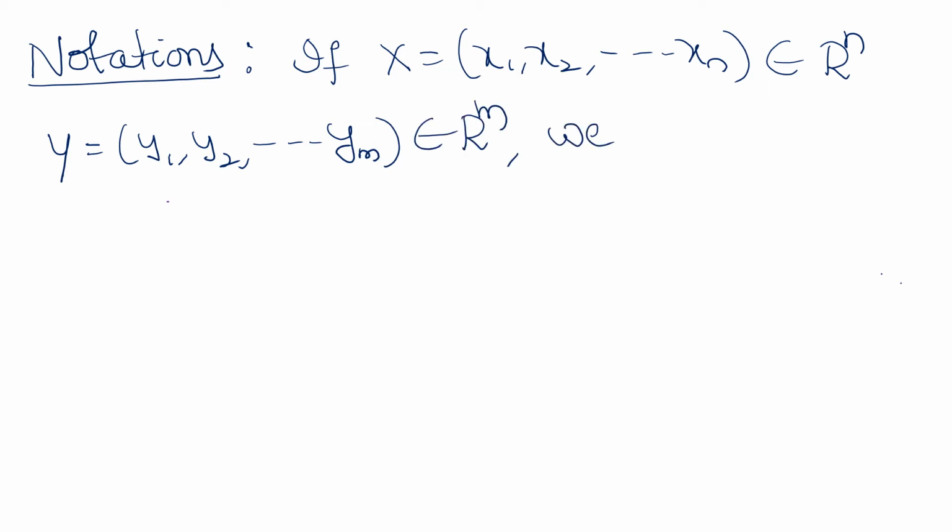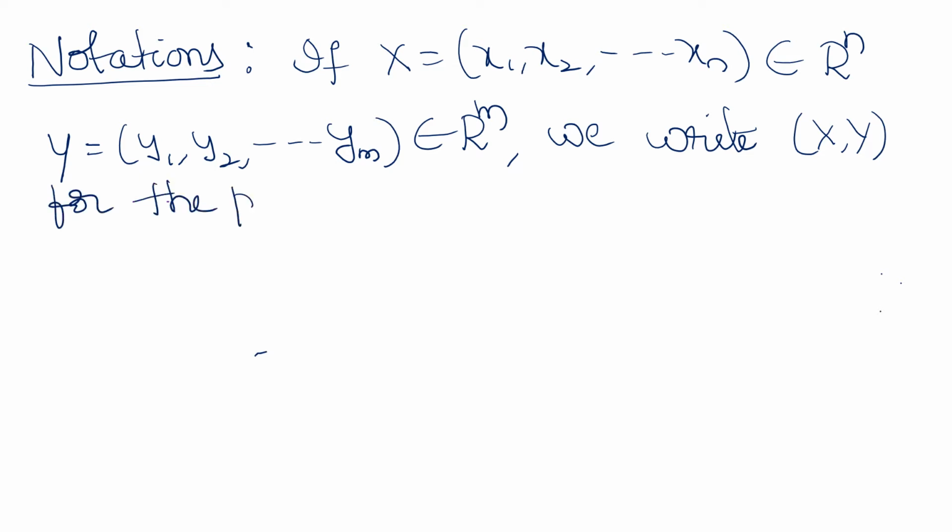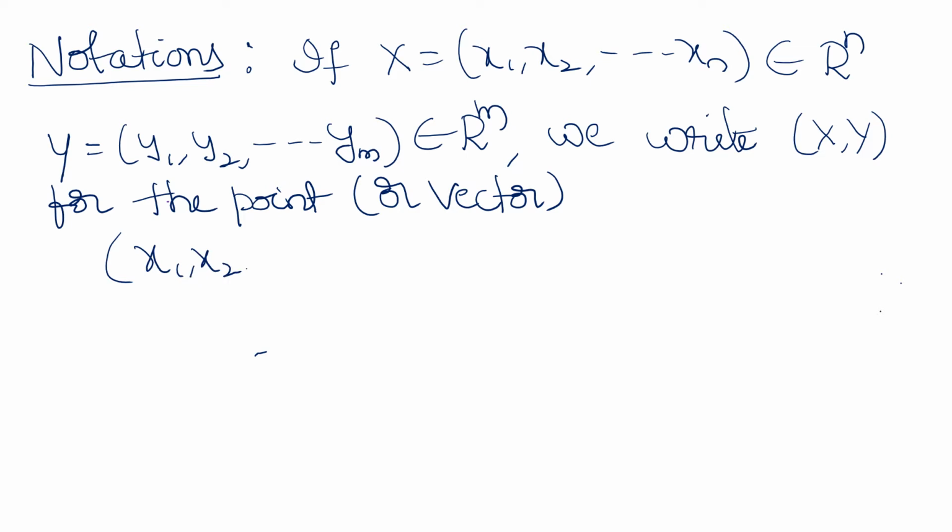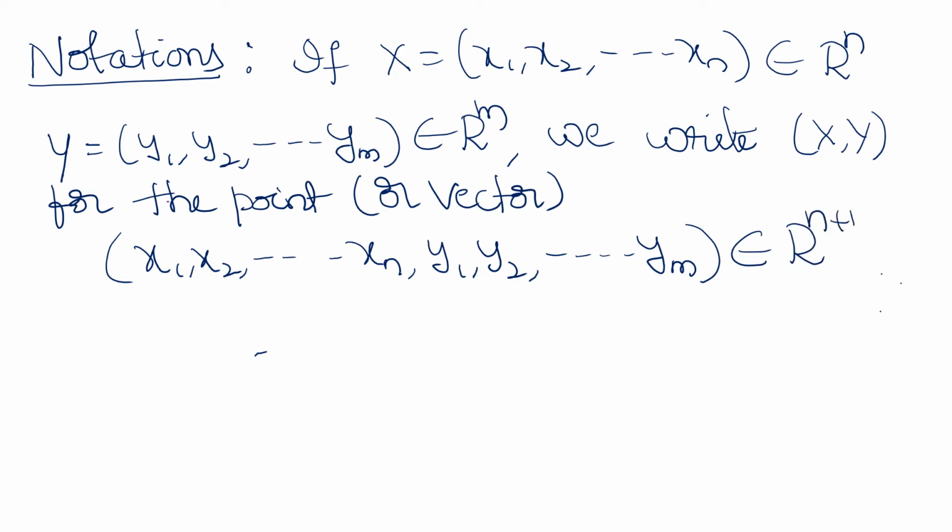Then we write a point (x, y), or you can call it a vector also, as (x1, x2, etc., xn, y1, y2, etc., ym), which belongs to R^(n+m).